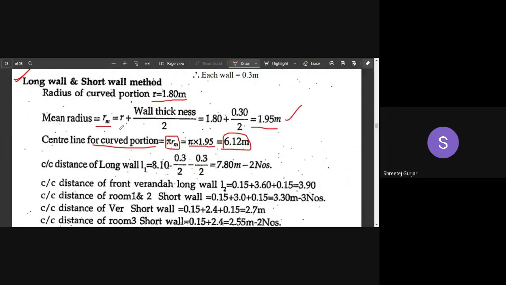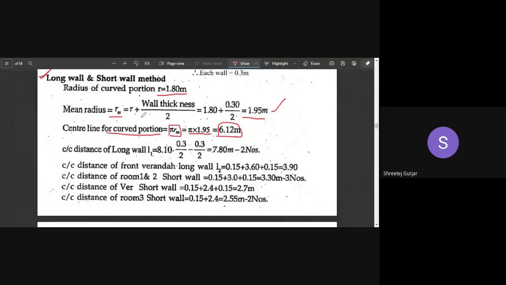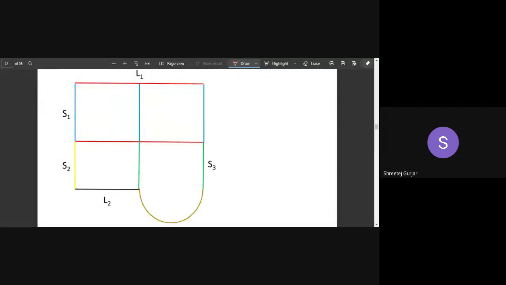Next, center line distance for our long wall L1. I have drawn the center line lengths so that it is easier for you to understand. This is what I've considered as long wall L1, in red, and they are 2 in number: this is the first, and this is your second.